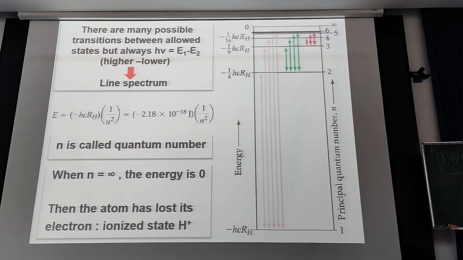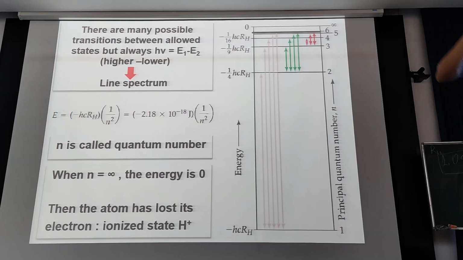It means you have the nucleus here, you have the first energy level here. You excite, you excite. At one moment, the electron will get very far from the nucleus, and then there is no more interaction between the electron and nucleus. So you can consider the electron now becomes free.